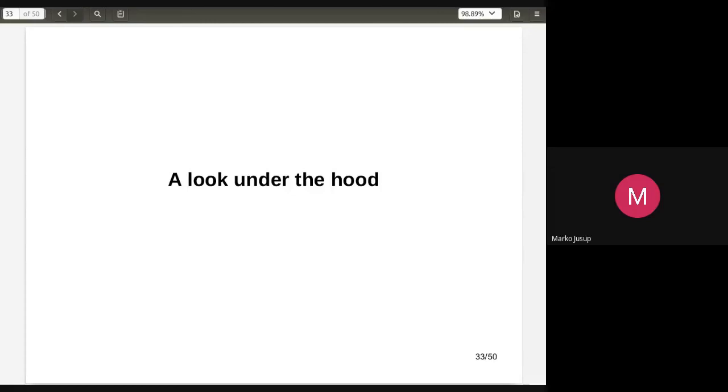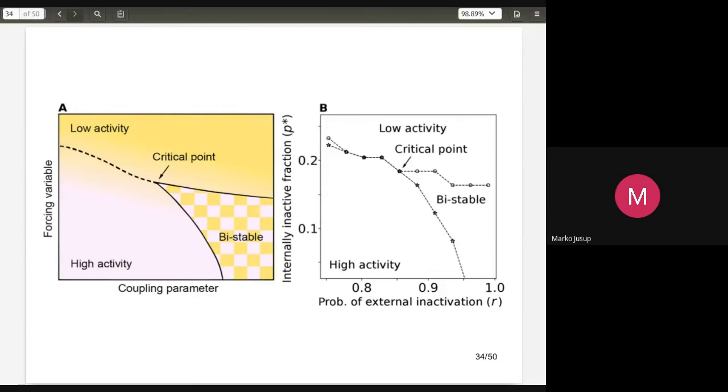If we want to look a little bit more under the hood, again at the model and some of the model properties. In a schematic way, this plot on the left, panel A, yellow and purple. Essentially, we have a forcing variable. In this case, with beta cells, this would be glucose concentration.